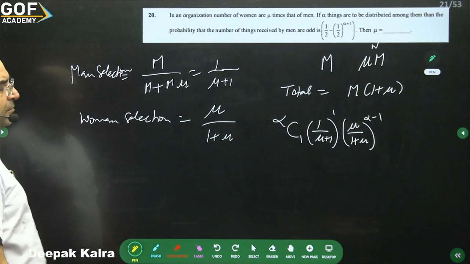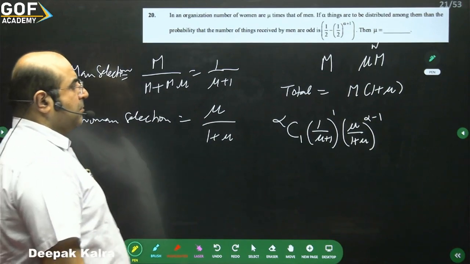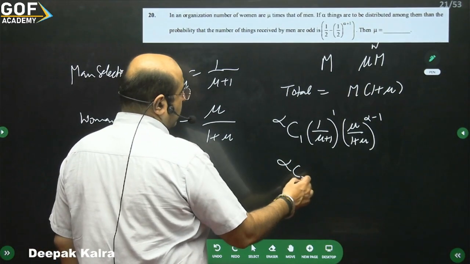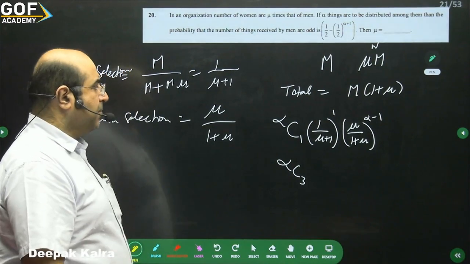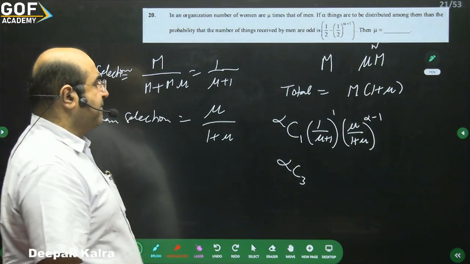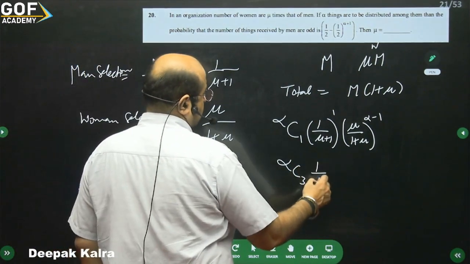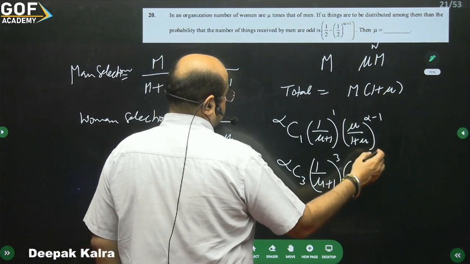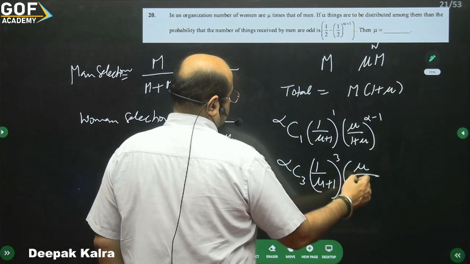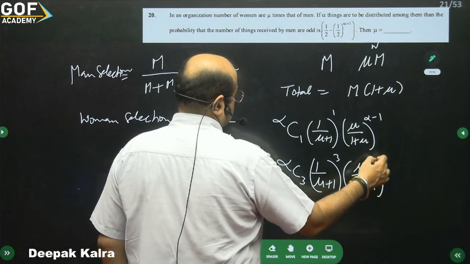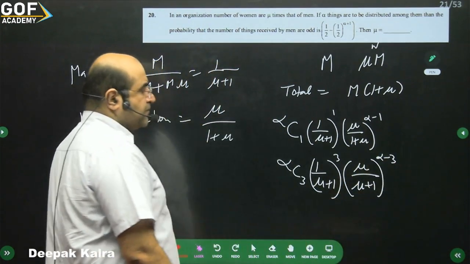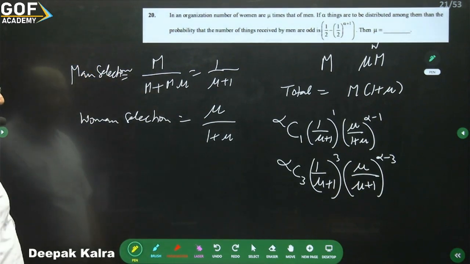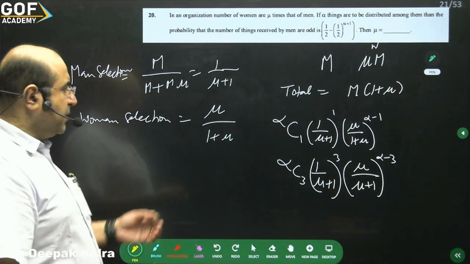Am I right? Then you give 3 things. Don't you think so? The thing will come like this?